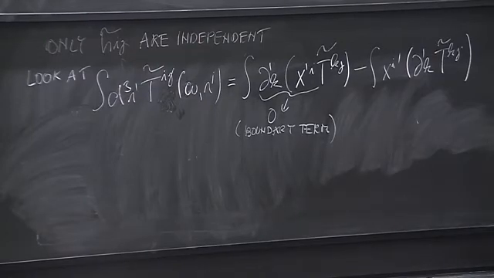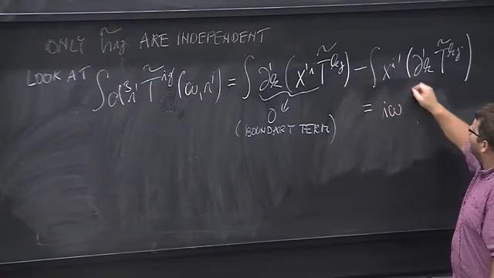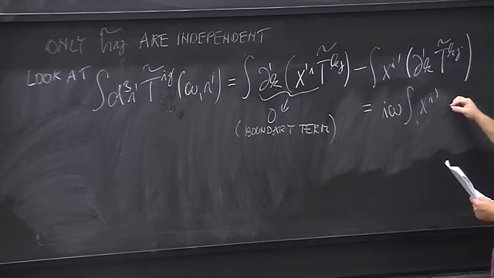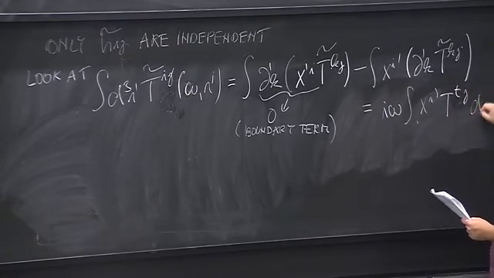So I should be able to transfer this into a time derivative of T^{0j}, right? But the time derivative gives me i omega, because I'm now in the Fourier space. So this thing here is nothing else, and this minus sign is, that i omega times the integral x'^i T^{tj} d³r'.